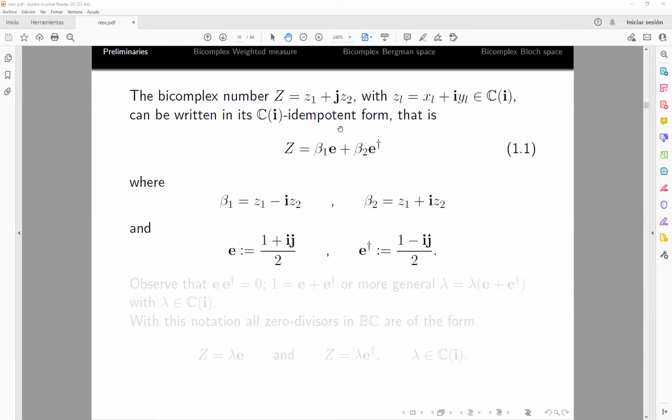We can represent the same bicomplex number z in this form: z equal to beta 1 e plus beta 2 e dagger, where beta 1 is given by z1 minus i z2, beta 2 is z1 plus i z2, and e is given by (1 plus i j) over 2, and e dagger in this form. The difference is only in the sign.